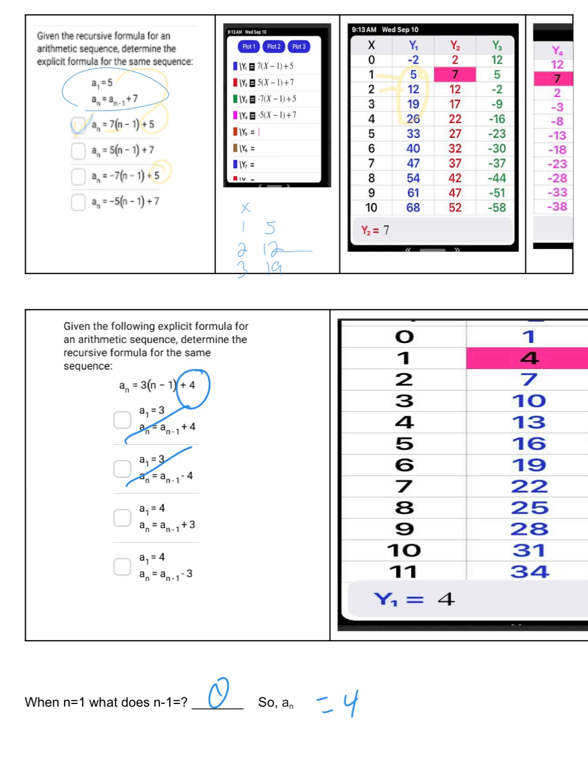So we're adding 3 each time. That ends up being our change, and so that's our slope. So is my answer C or D? C, because we're adding 3 each time. Okay, so if you can't see it or if you forget, because there's a lot of things you have to remember, then put it in y equals and look at the table. Okay, one more.